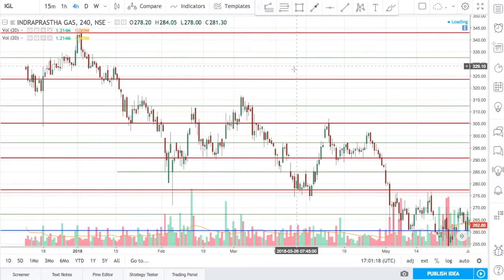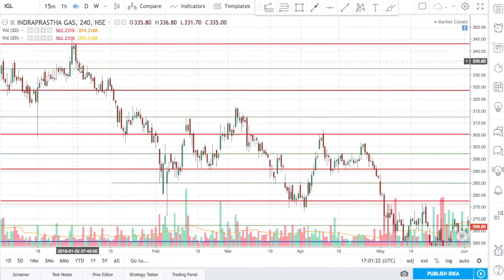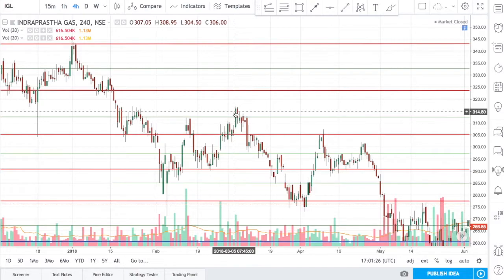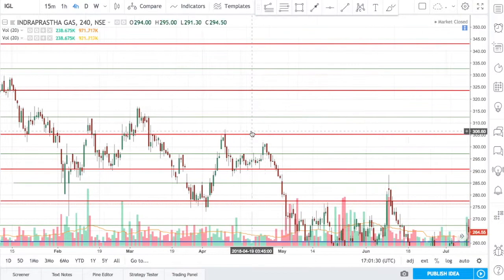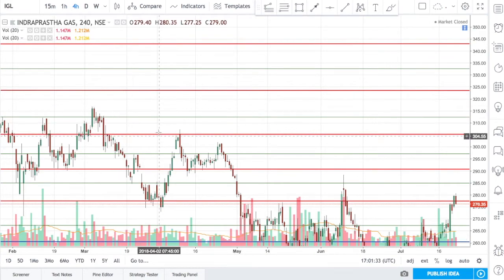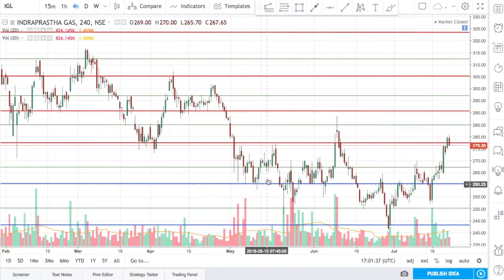As could be seen from the chart here, IGL has been in a sustained downtrend, making lower lows and lower highs. A lower low, a lower high, a lower low, and this candle is where this downtrend got arrested.